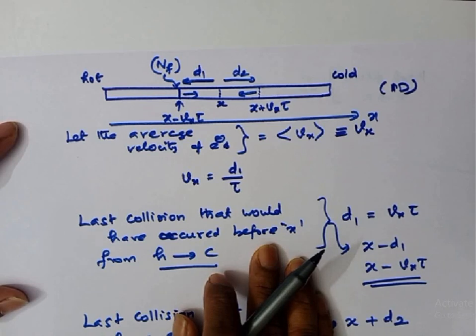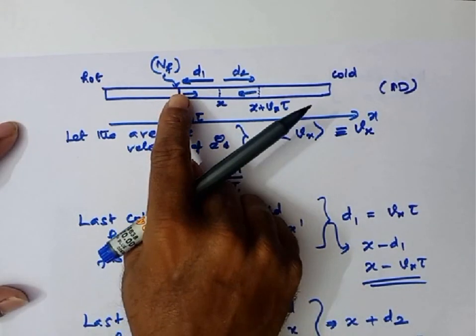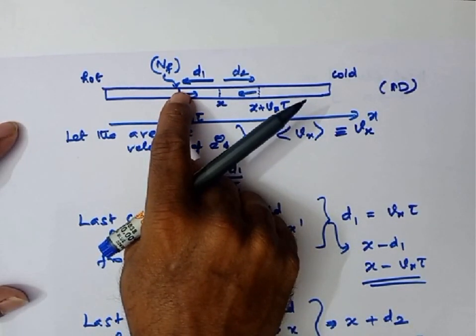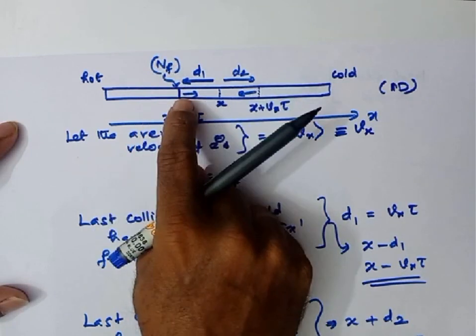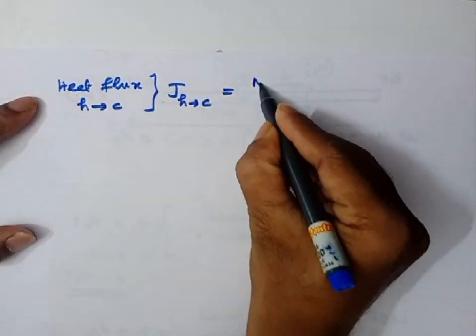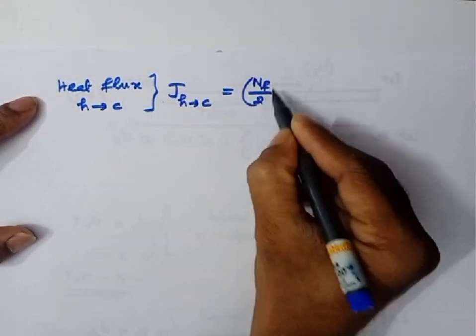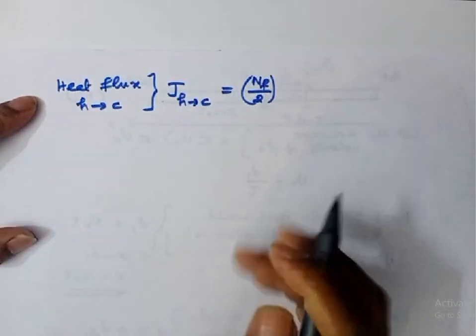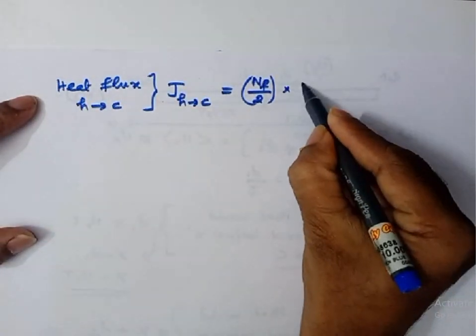Now let us assume that 50% of the NF electrons move towards x. Therefore, NF by 2, the 50% of electrons moving towards x, into the average velocity of the electron.